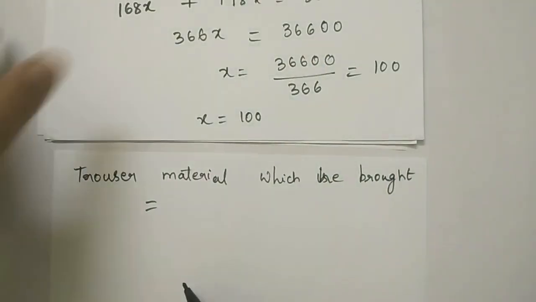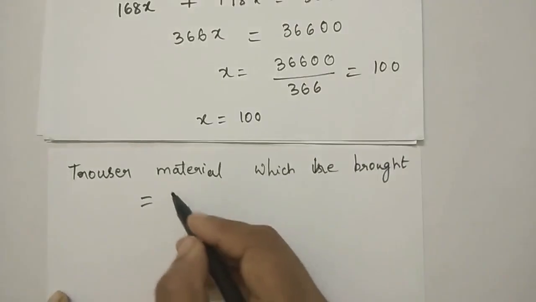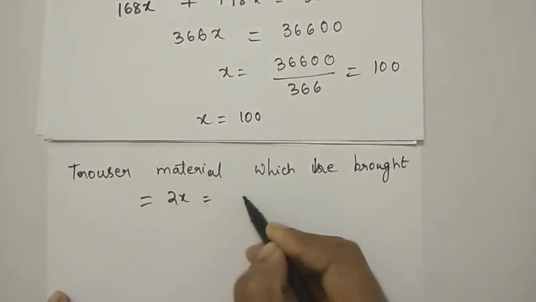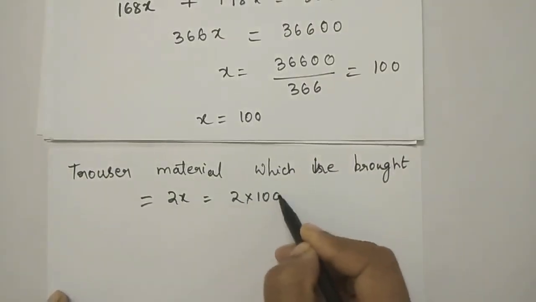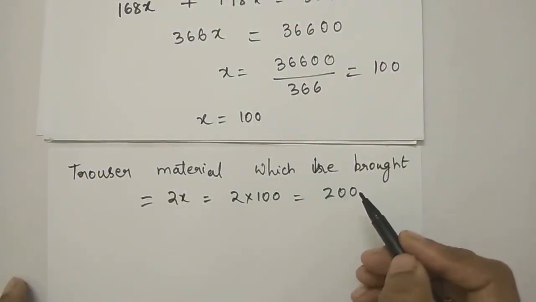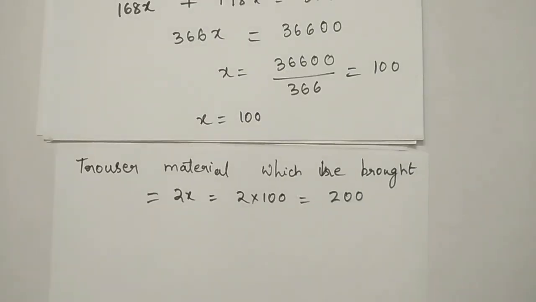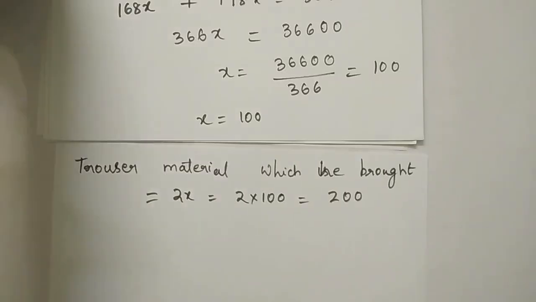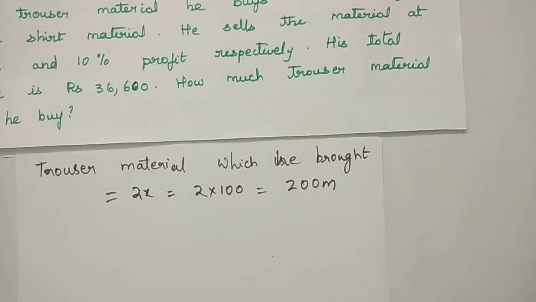We assumed it as 2x, is it not? 2 into 100 is equal to 200. Finally, we got the required answer, what they asked. So finally, we got the answer, that is the trouser material which he bought is 200 meters.